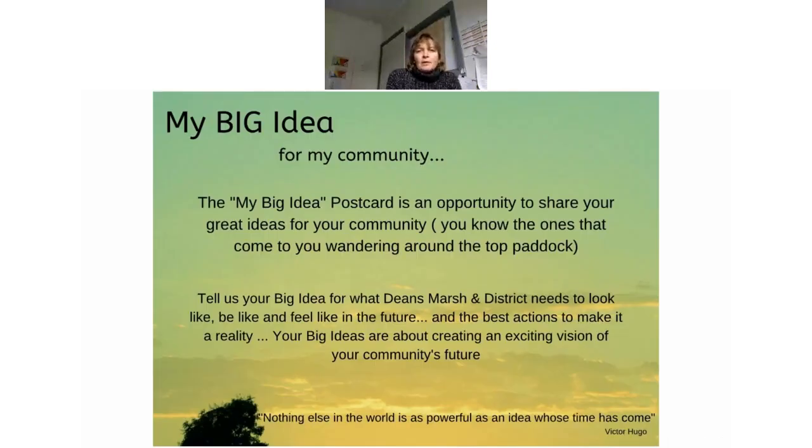The other thing, working with the Bank of Ideas, as you can see from the first part of this, Pete's got some great resources, but I think it's about making them localised, so adapt them to your context. So here, we're a traditionally farming community. So the big idea postcard was thinking about the ideas that wander around the top paddock.